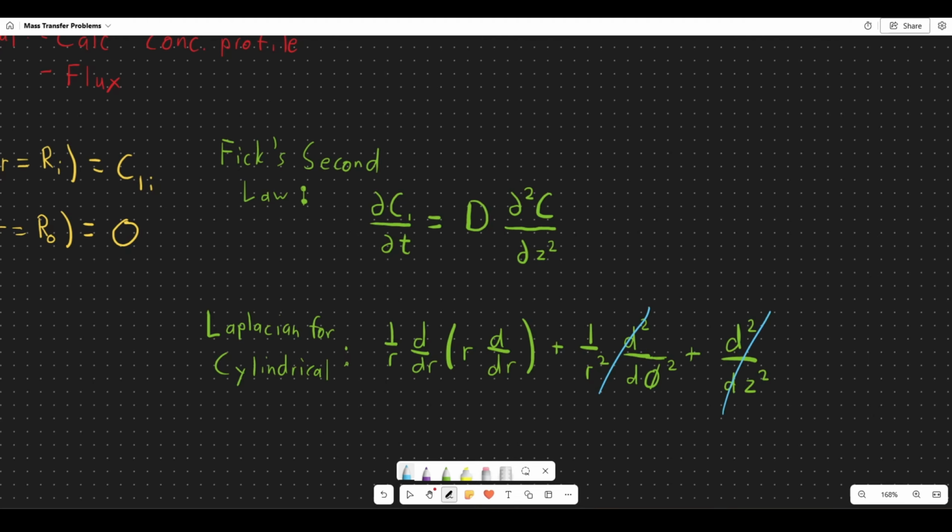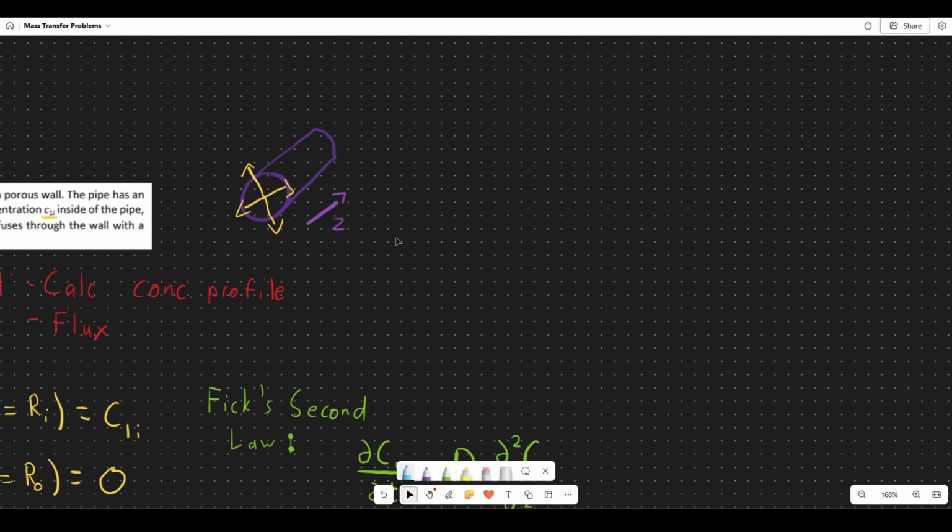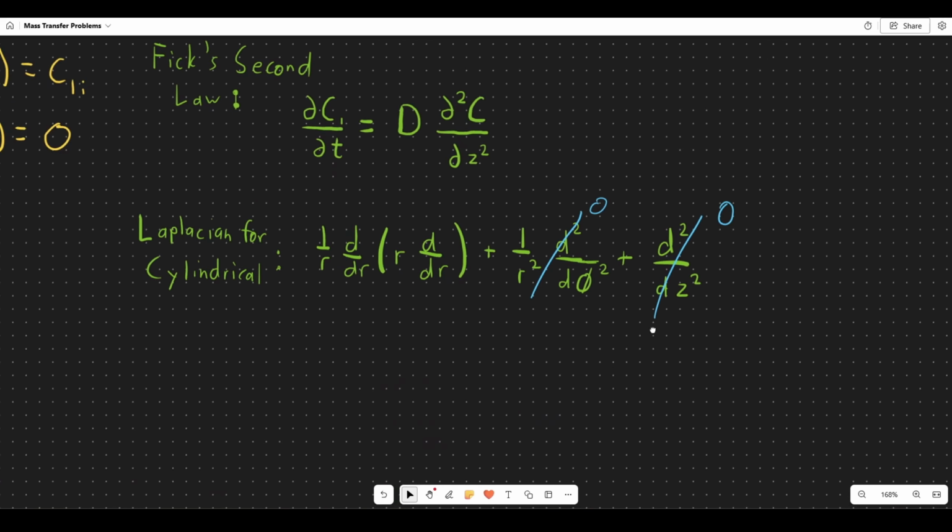So these are 0, right? No diffusion going on in the phi direction, which you can also call the theta direction. It would be like this, right? There's no diffusion. It's also symmetrical, so you don't see any movement in that.